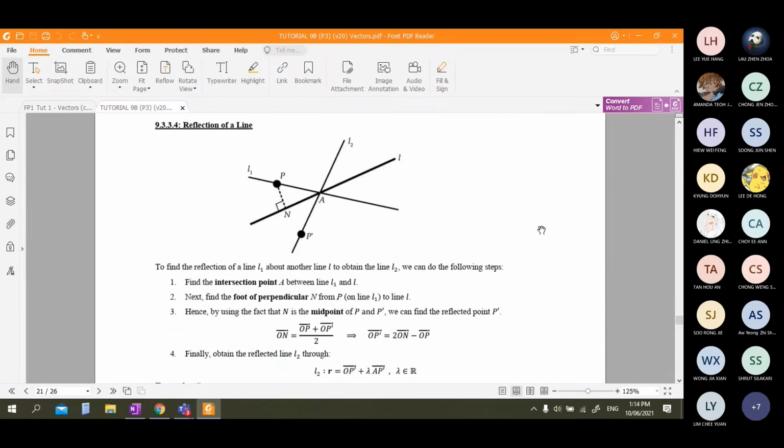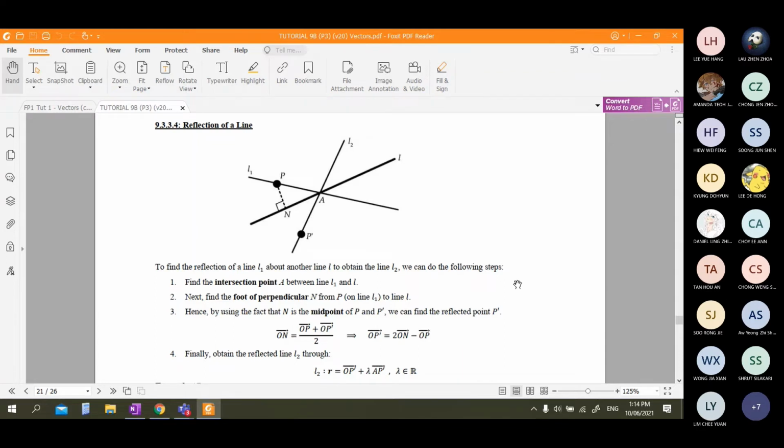Okay, the last section of this chapter is reflection of a line in a line. So the line L, the one that is drawn thicker, is the axis of reflection. L1 is the original line, L2 is the reflection.